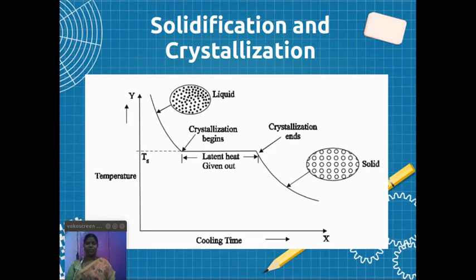When the crucible is heated, the molten material is cooled by the slow cooling method. At a particular extent, we will get a perfect crystal.